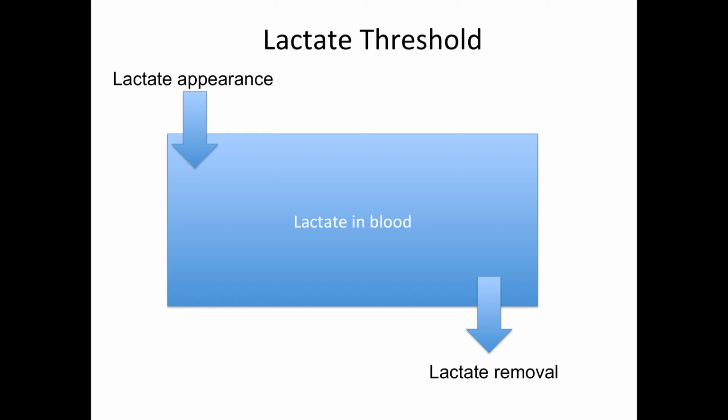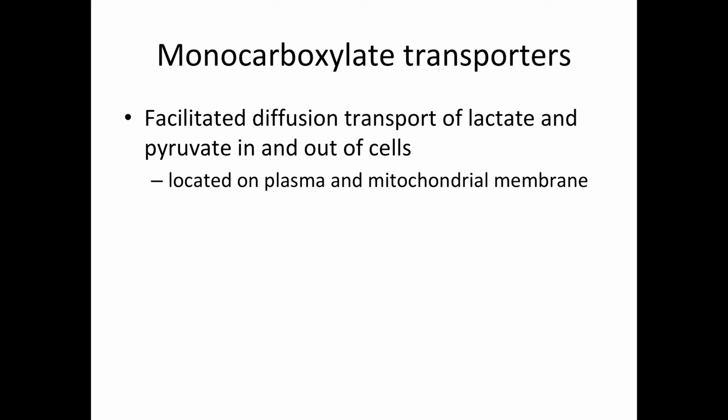These have been isolated and are called monocarboxylate transporters. They facilitate the diffusion of lactate and pyruvate. Both lactate and pyruvate are monocarboxylates, and the transporters are located on the plasma membrane and, interestingly, the mitochondrial membrane.